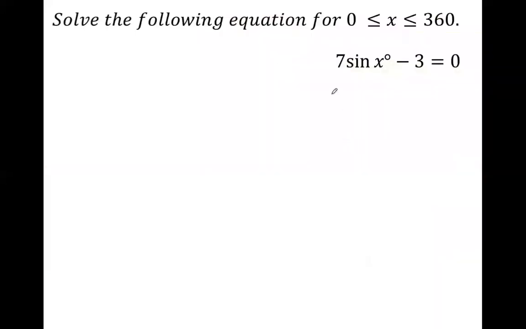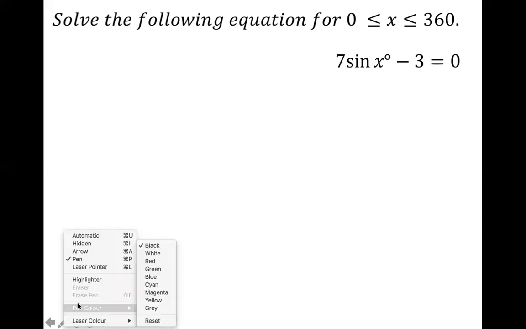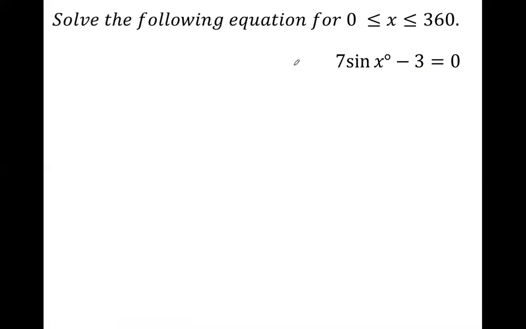Past paper. Solve the following equation: 7 sine x minus 3 equals 0. That is the typical question that you could get during an exam. First of all, we're going to add 3 on both sides.